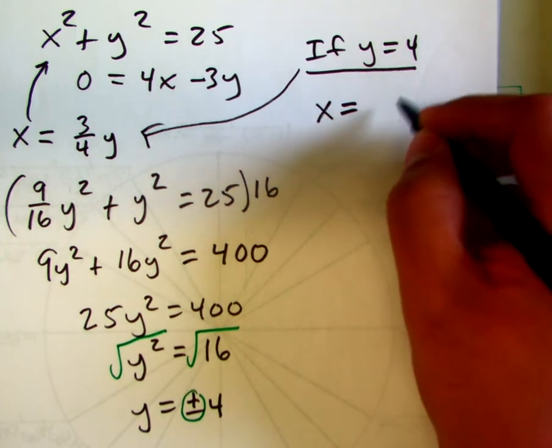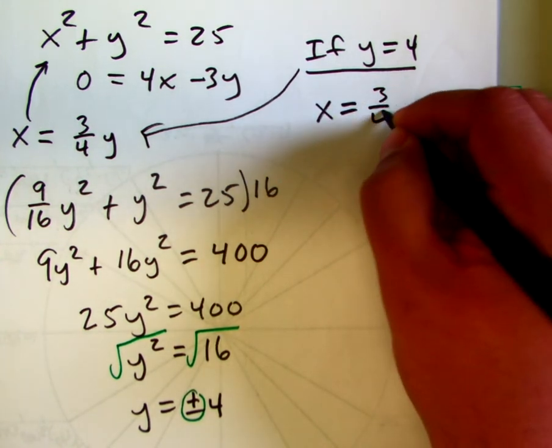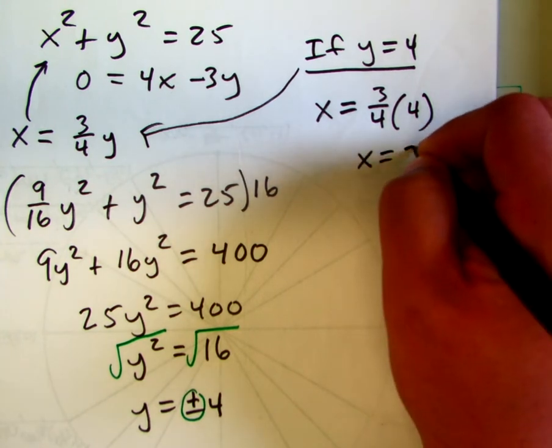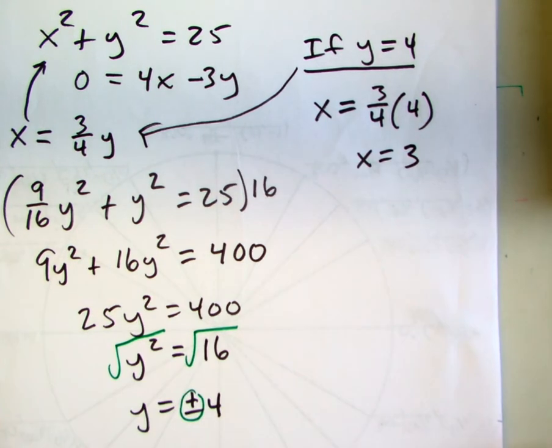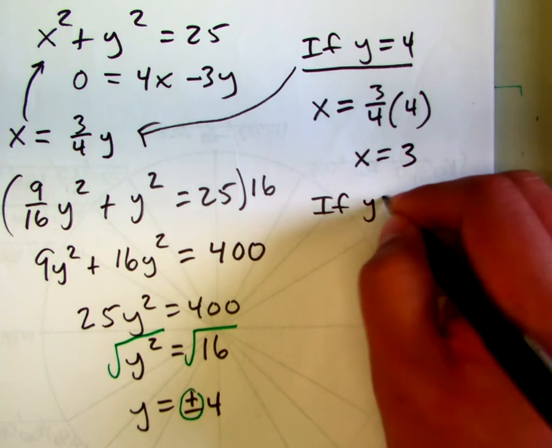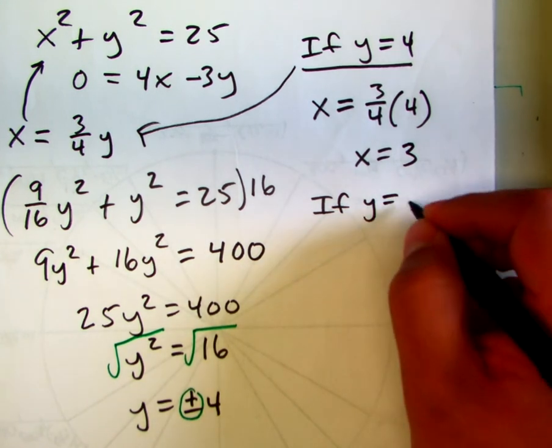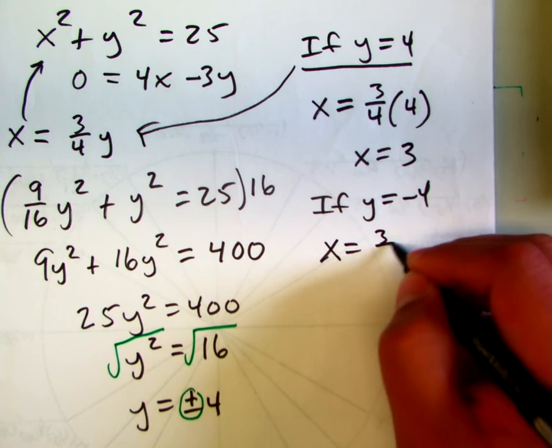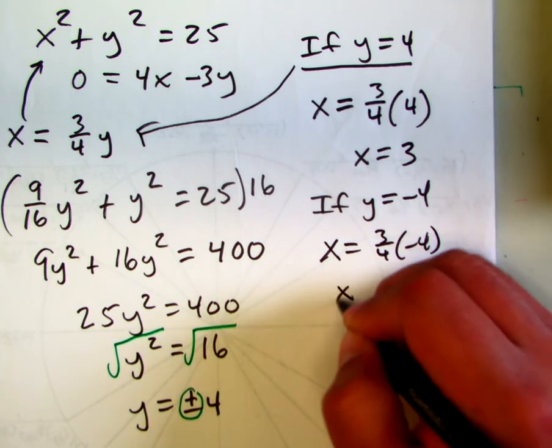So x equals 3 over 4 times y, which is 4, so x is 12 over 4, which is 3. If y equals negative 4, 3 over 4 times negative 4 is the same result, just negative, which is negative 3.